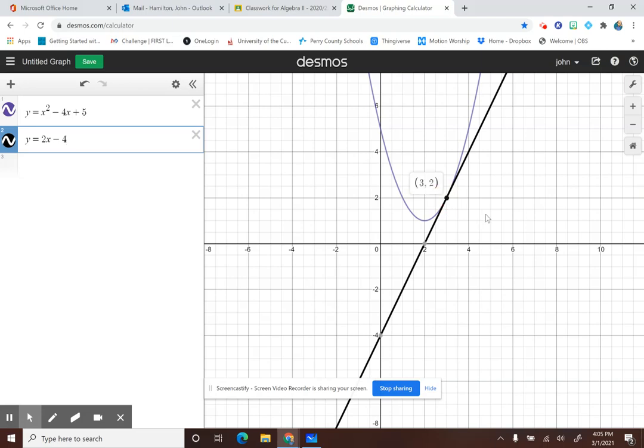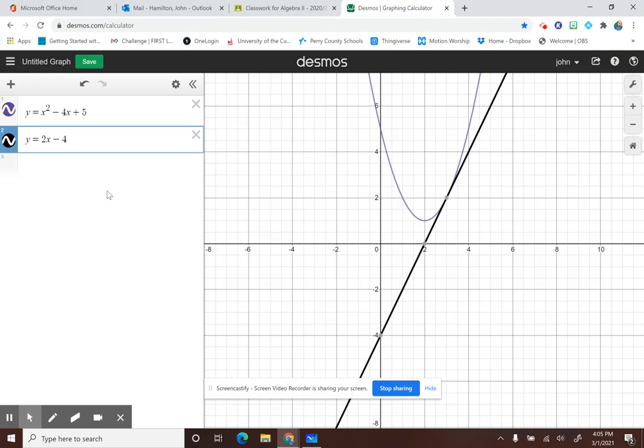Now I only have one specific spot that this is crossing at. So that means if I were comparing these two linear and quadratic equations as a system, then I would only have one solution. So what I'm warning you of is you're not always going to have two solutions. There's going to be times when you may just have one solution. As a matter of fact, there may be times altogether when you don't have any solutions at all.